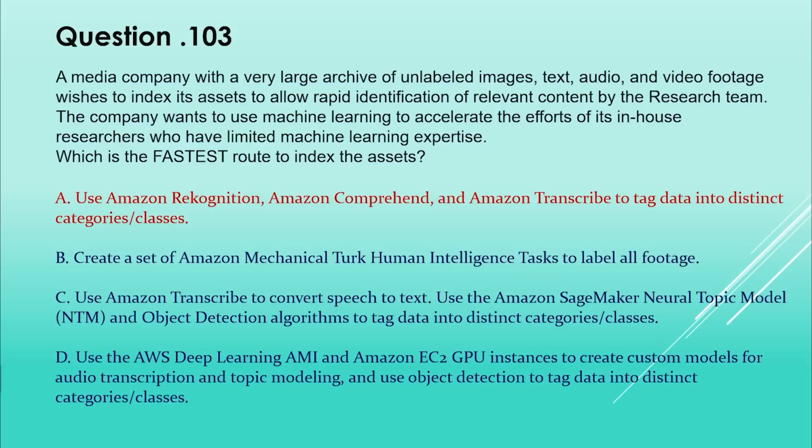And this option would be faster than using custom models with AWS Deep Learning AMI and Amazon EC2 GPU instances, or using Amazon Mechanical Turk for human labeling. And also the use of pre-built models reduces the need for machine learning expertise, aligning with the company's goal of accelerating the effort by its in-house researchers, because they have limited machine learning expertise. So option A is absolutely correct here.